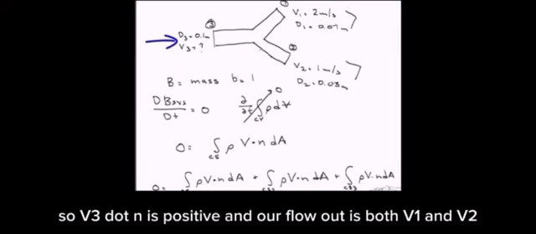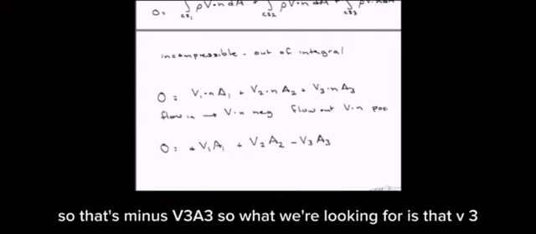You notice that v3 is flow out, so v3 dot n is positive, and our flow in is both v1 and v2. So 0 equals minus v1 a1, since v1 is entering, minus v2 a2, since v2 is entering the control volume, plus v3 a3.